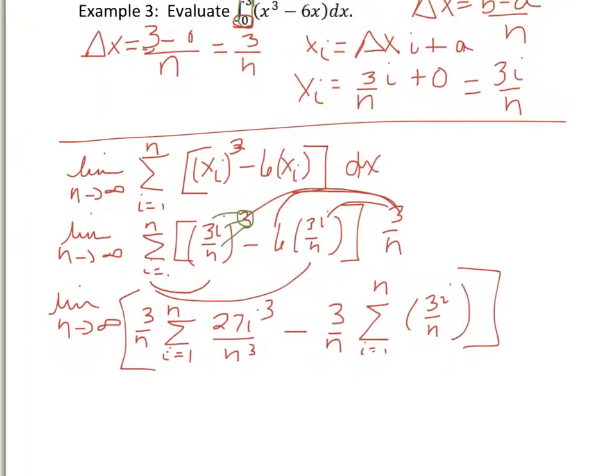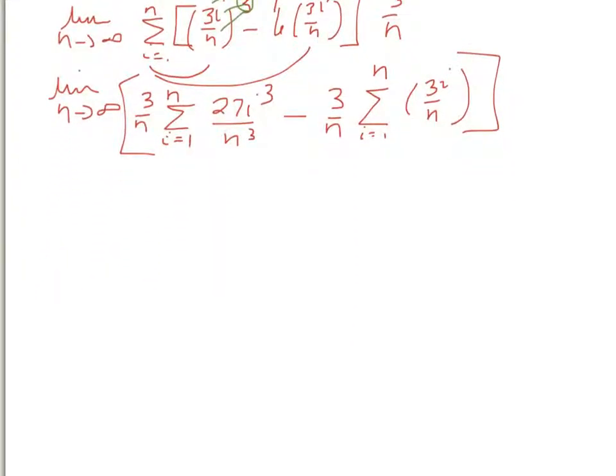All right, I'm going to go ahead and move this up here so we have a little more room. And I'm going to do a little more simplifying as we go. So we talked about this before, that in this Riemann sum, i is the variable. That's what's changing. So technically, the n is considered a constant, so we can treat it like a constant and pull it out until we do the limit. So I'm going to go ahead and factor out of this first one the 27 over n cubed outside of the Riemann sum.